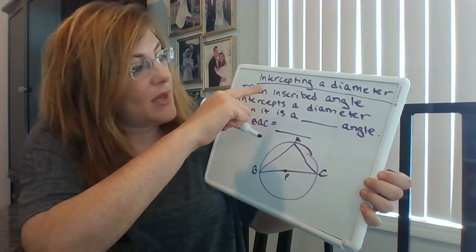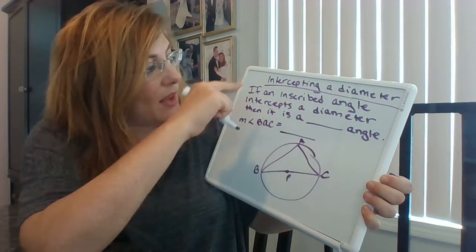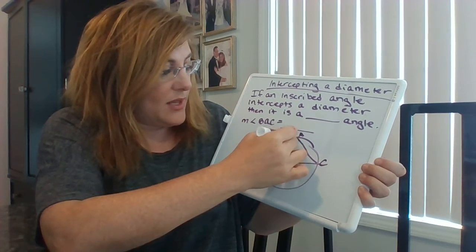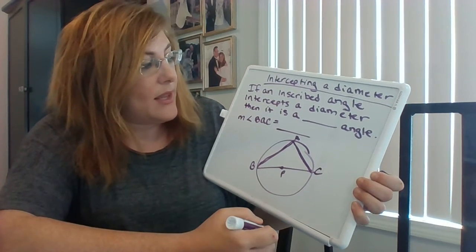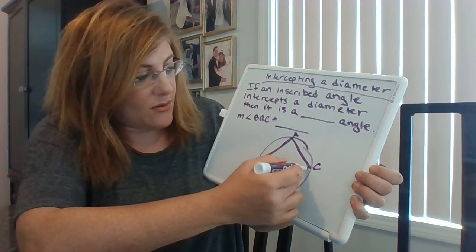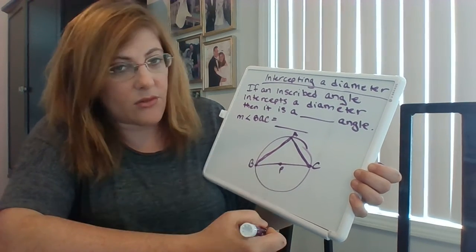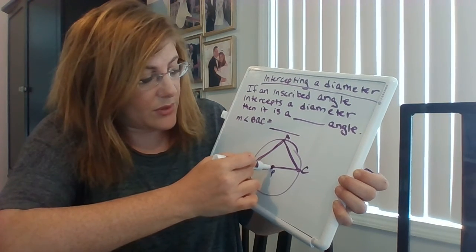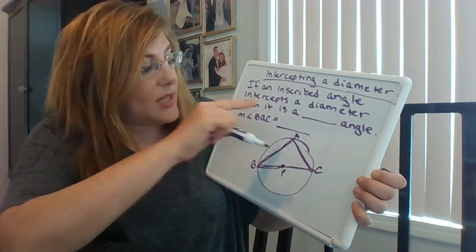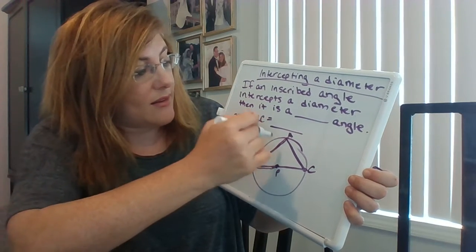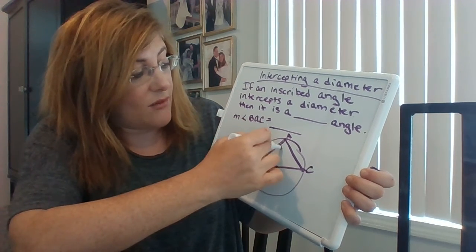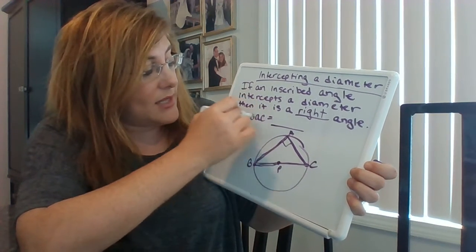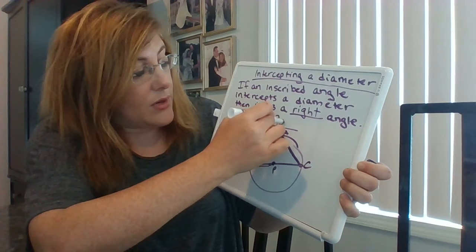Now, when we're talking about intercepting a diameter, here's an inscribed angle, angle BAC, right? If it intercepts a diameter, notice how on the endpoints of the inscribed angle, it intercepts a diameter right here, which goes through the center of the circle, then this angle BAC must be a right angle, and it must equal 90 degrees.